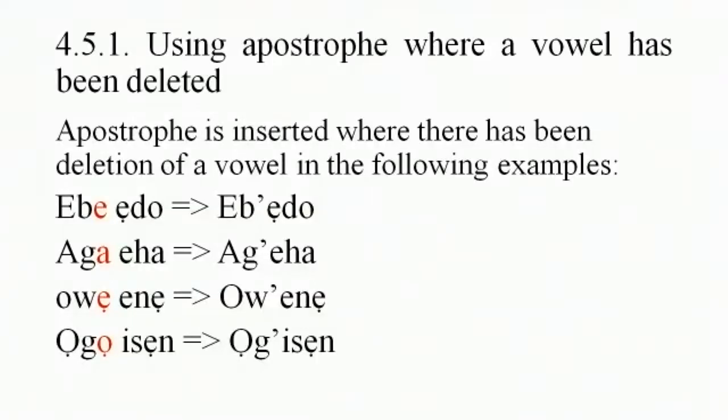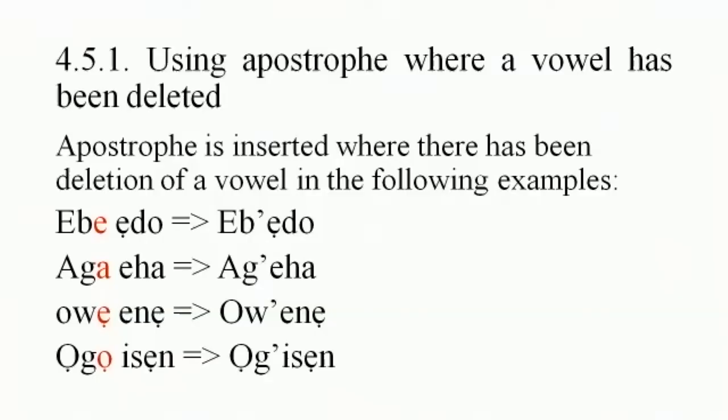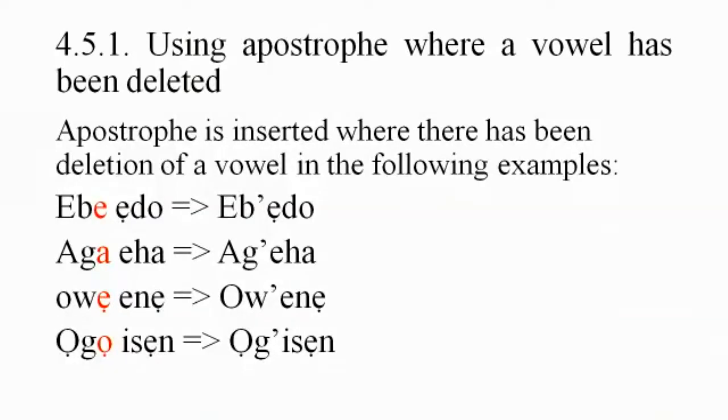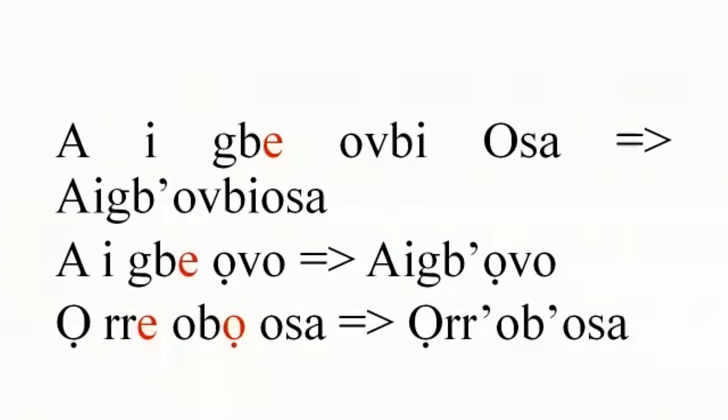Then you have Aga, a hat, becoming Ageha. Owe, a ne becoming Owene. Then Ogo, a sen becoming Ogise. Then you can see where the apostrophe must be inserted there. Then you have, in this utterance, Obi, Osa, which in running speech becomes Yosa.